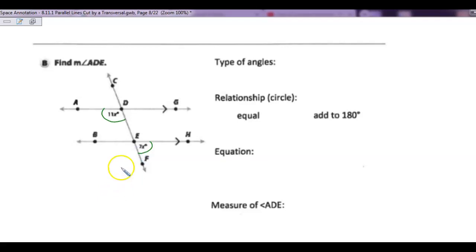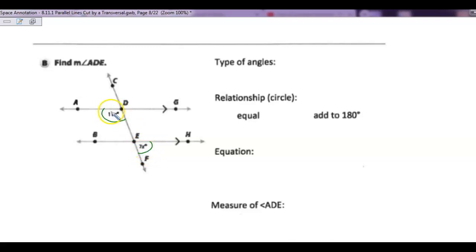Now, one thing I can do is take a look to see if there's any correlation with these. They are not corresponding. They are not vertical. They are not same side interior. They're not even alternate interior or alternate exterior because one's exterior and one's interior.